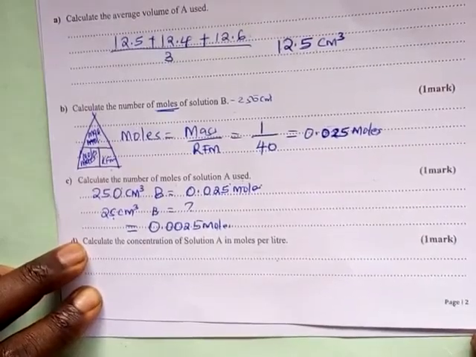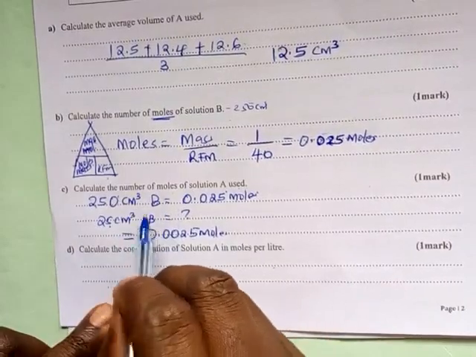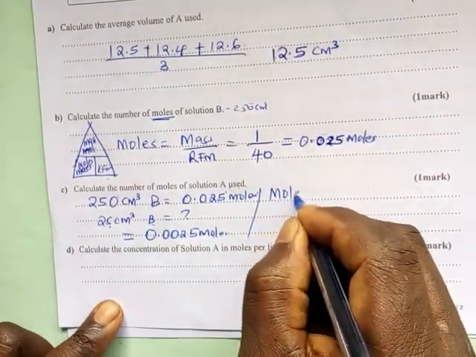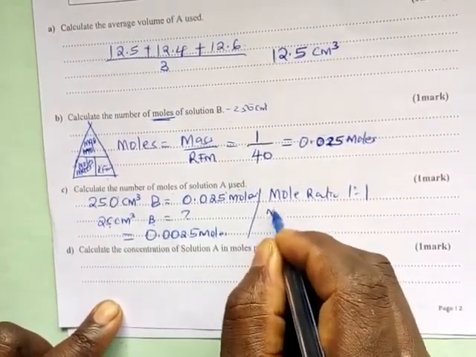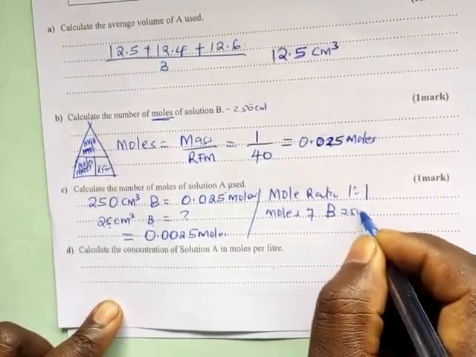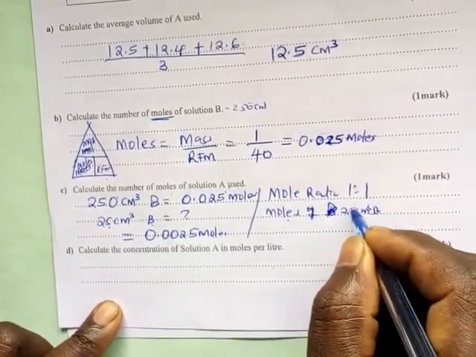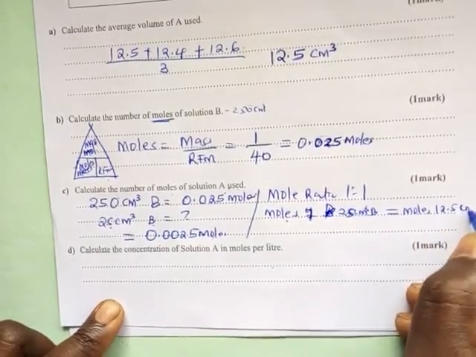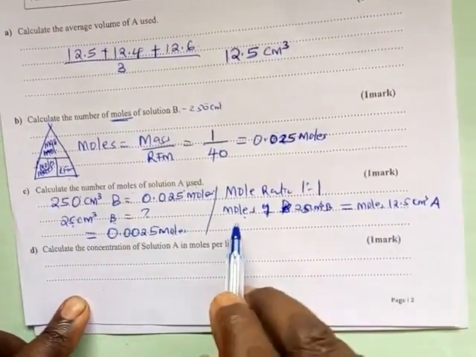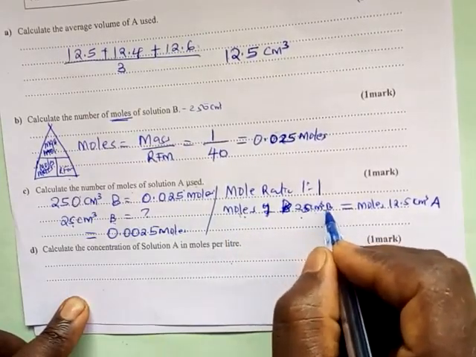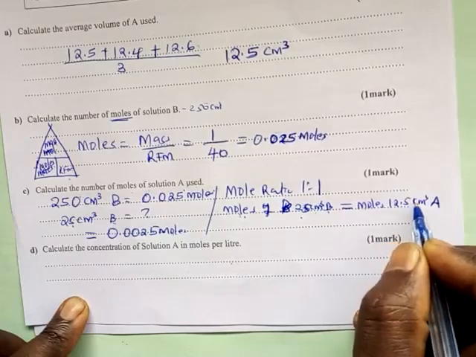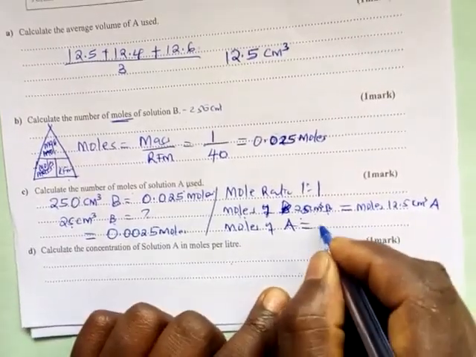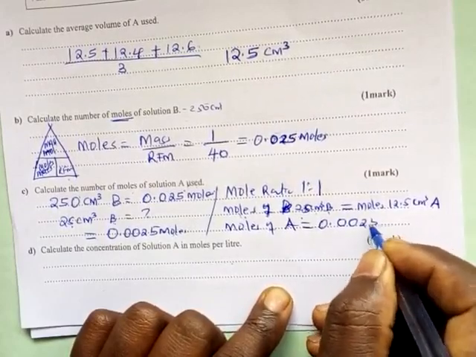Automatically now we know the number of moles of B that reacted with A. So we use the ratio because both of them are monobasic, therefore the mole ratio is 1:1, meaning that moles of 25 cm3 solution B will be equal to moles of 12.5 cm3 solution A. So moles of A is equal to 0.0025 moles.